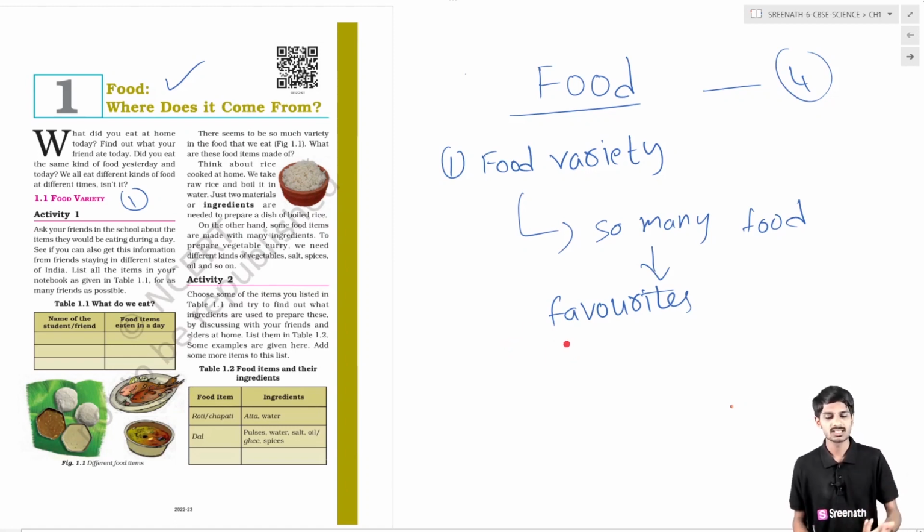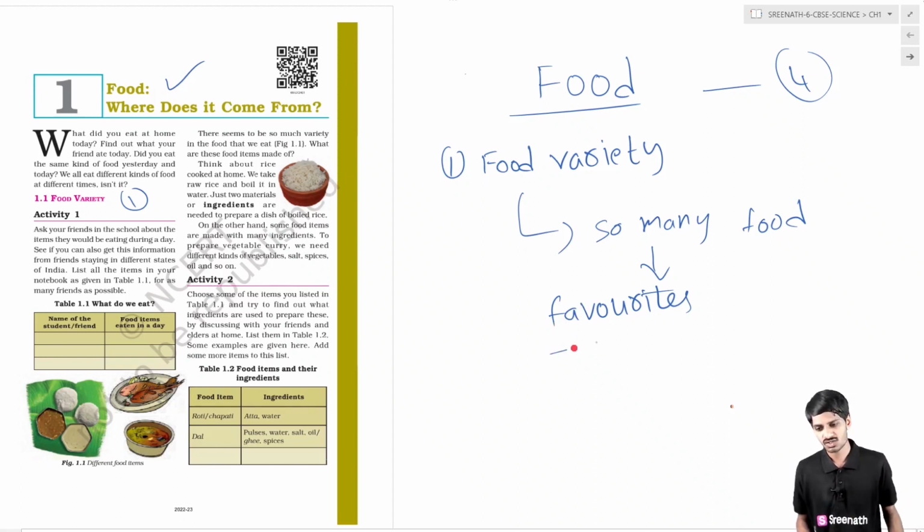Then what will you say? You will say that different delicious foods are prepared by mother in the kitchen, or different delicious foods are prepared by chefs in hotels or restaurants. If I ask you how they are preparing, then you will say they use different ingredients to prepare delicious food.